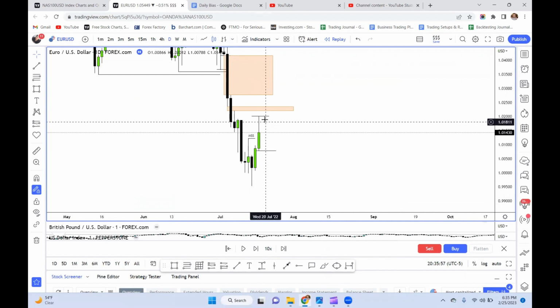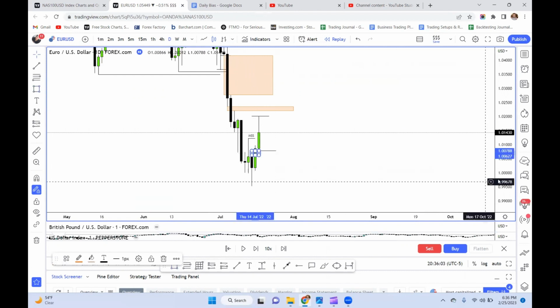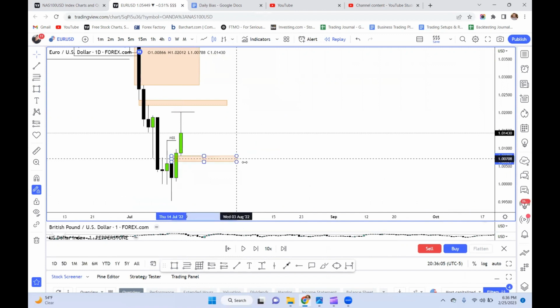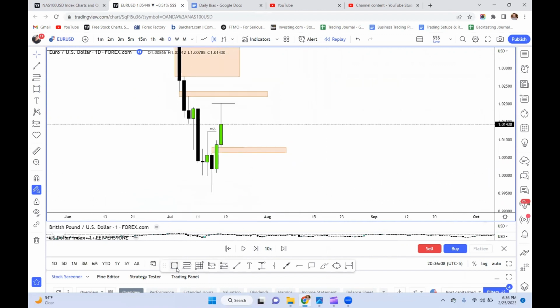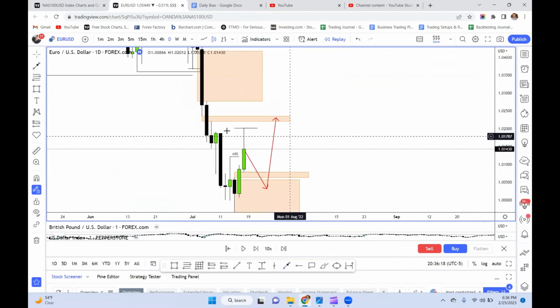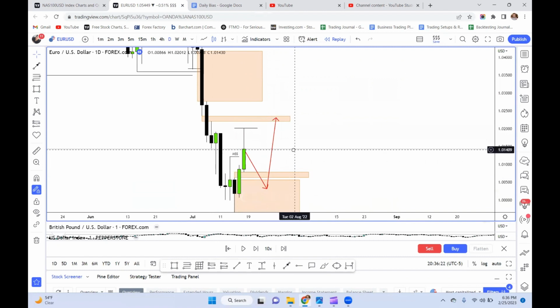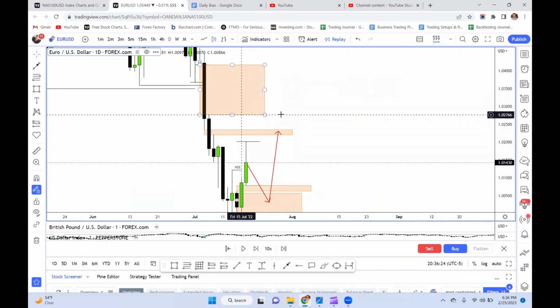Price is likely to retrace back down into this fair value gap, this order block. Once it trades back into that, price is likely to take off and target this liquidity high that will be formed from the retracement, and this and this.